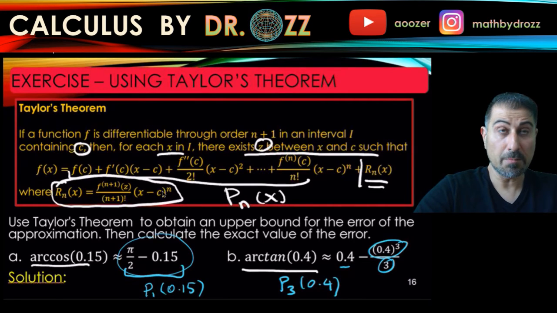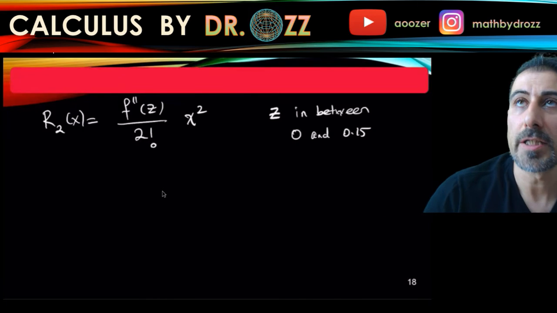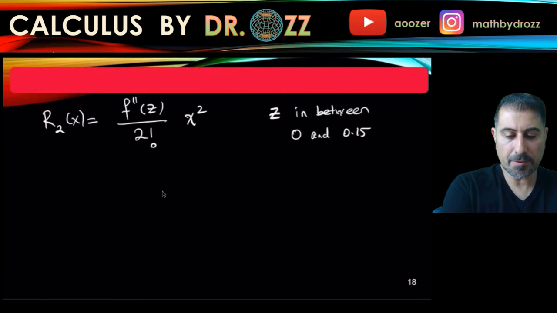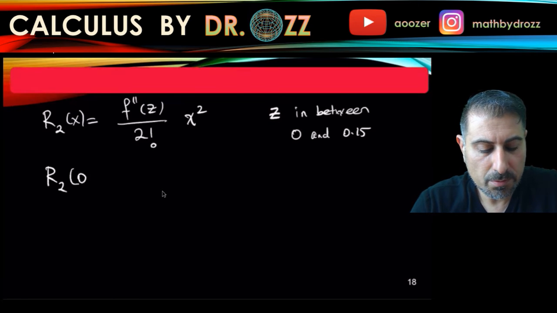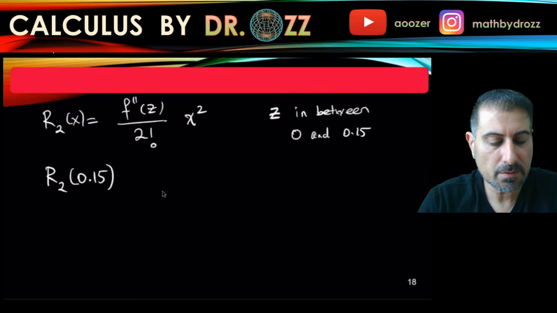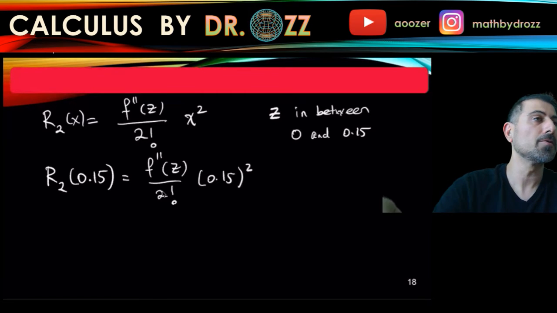So let me just head to the new slide. All right, so I just wrote the description of R1 based on Taylor's theorem. And the number z is in between 0 and 0.15. I'm going to evaluate R1 at 0.15. There we go, f double prime z over 2 factorial times 0.15 squared.